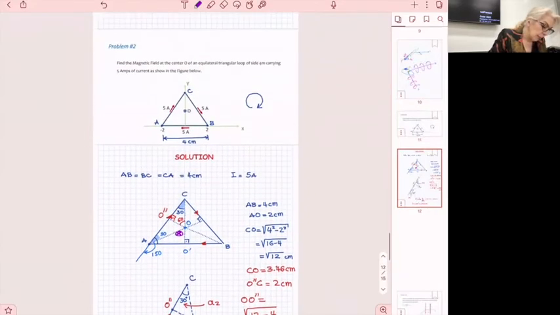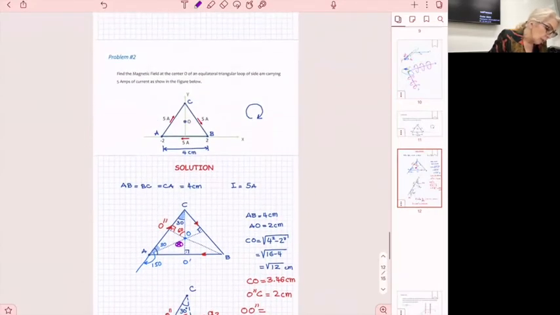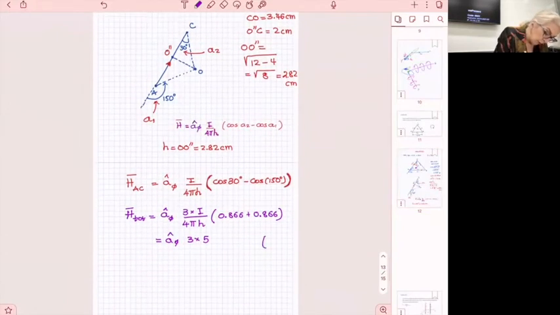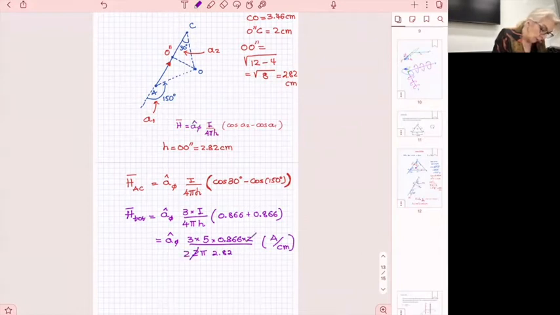How much is the current? The current is 5 amps, so I put here amps. Then I have times 0.866 times 2, over 2 pi and h, which we found to be 2.82 centimeters. So this 2 and this 2 cancel.